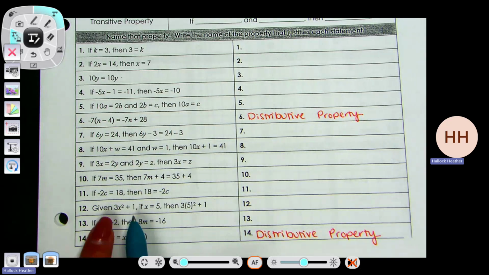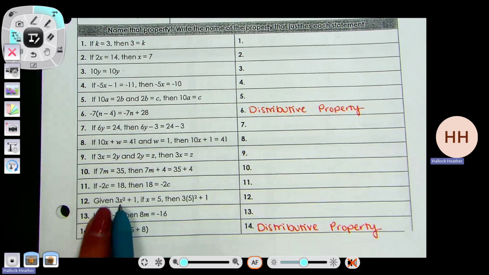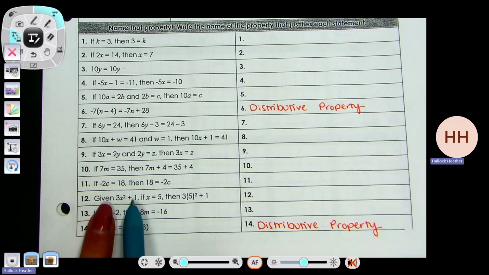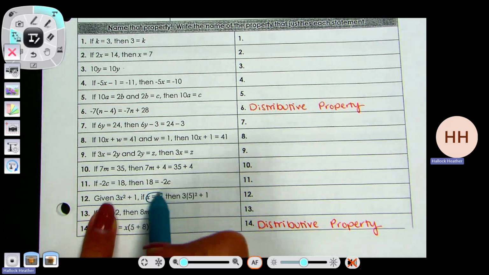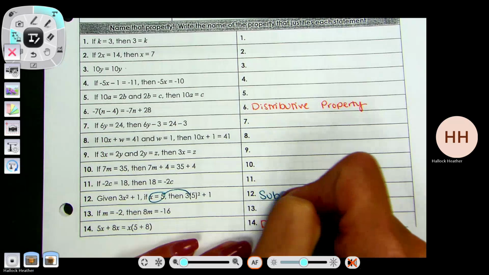It's number 12. Oh, I didn't hear you because everybody's saying a bunch of different numbers. It says given 3x squared plus 1, if x equals 5, then 3 times 5 squared plus 1, because they're taking this and they're substituting it in. So that's substitution property.